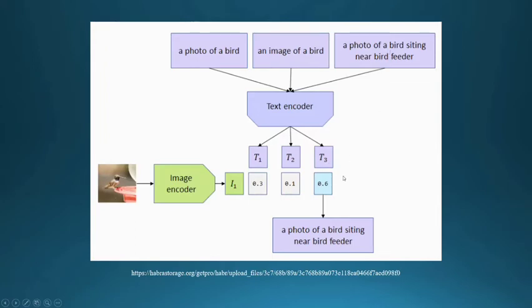So the CLIP model pays attention to the details of the images very well, and they didn't use a label like a bird or a dog. They created some descriptions.